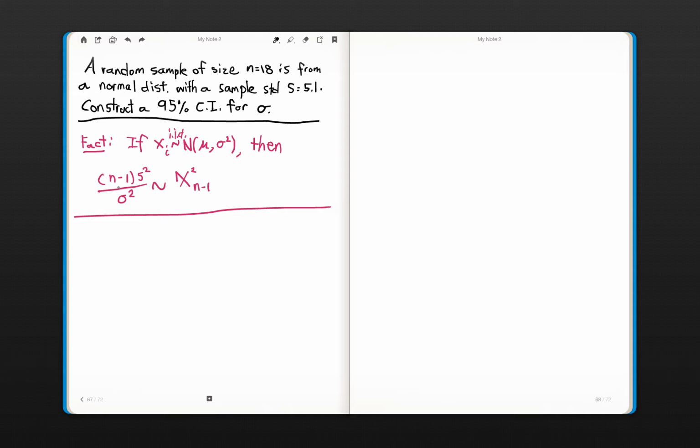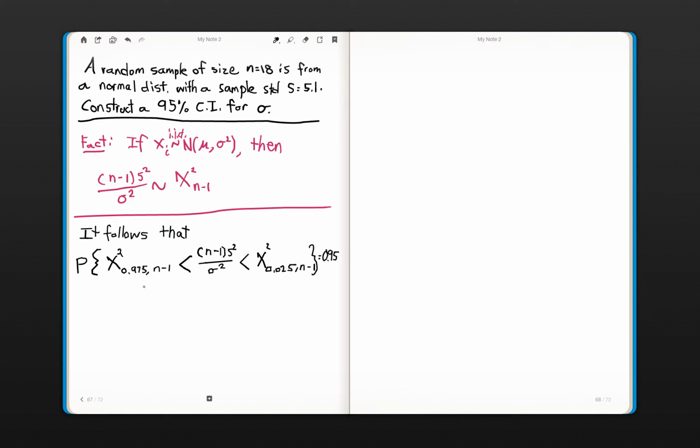So I'd like to actually derive the confidence interval for sigma. It follows that this random quantity, since it is distributed as a chi-square distribution with n minus 1 degrees of freedom, has probability 0.95 of being between the critical points chi-square of 0.975 with n minus 1 degrees of freedom and chi-square of 0.025 with n minus 1 degrees of freedom.